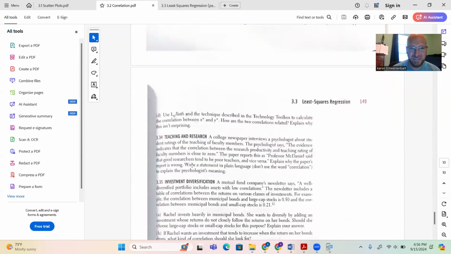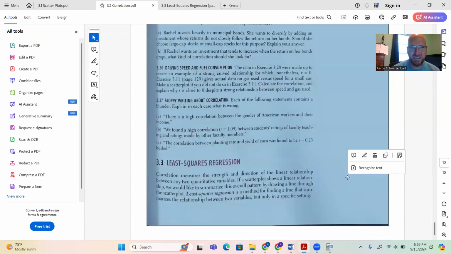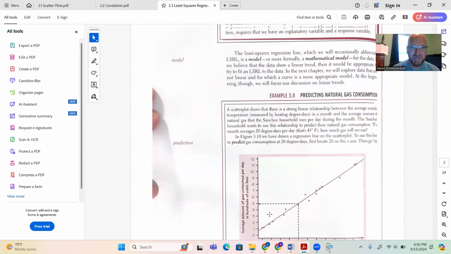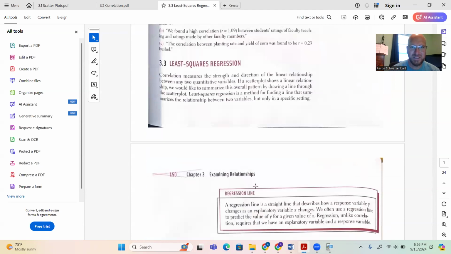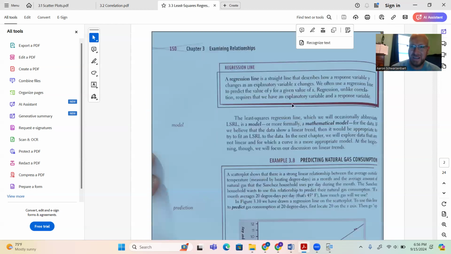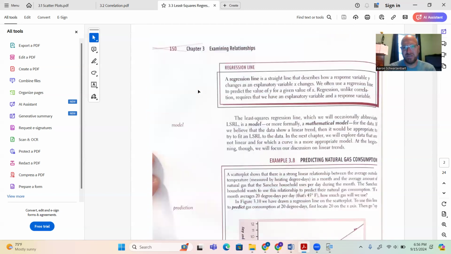Okay, we are going to start least squares regression today and finish it tomorrow. So correlation measures the strength of the linear relationship. I have to flip over to 3.3 scan. Okay. The least squares regression is finding the line. A regression line is a straight line that describes how a response variable y changes as the explanatory variable x changes.